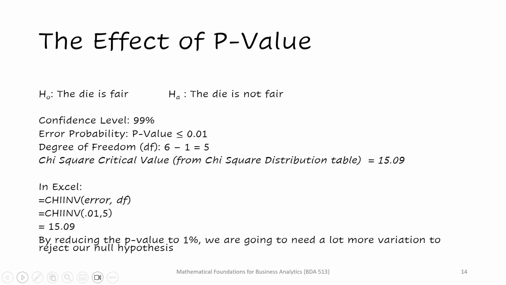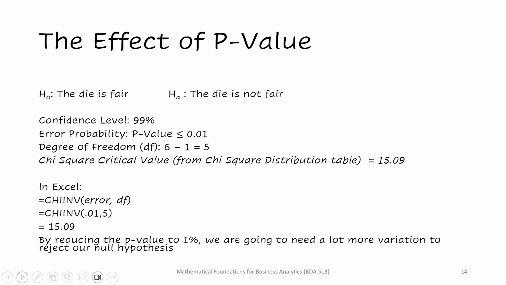So let's assume now that our error probability will reduce, the p-value to 1%. Reduce the error probability to 1%.